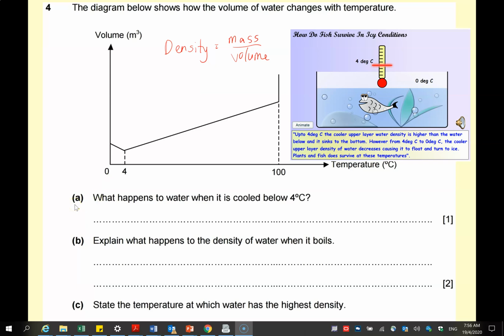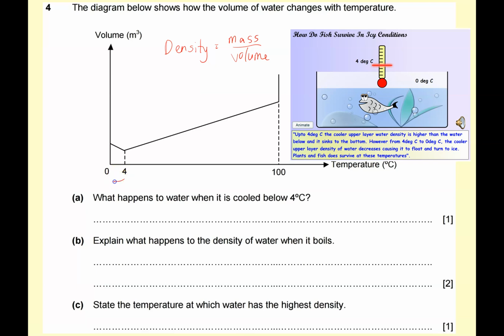Right, question A, what happens to water when it is cooled below 4 degrees Celsius? So we are looking at 4 degrees Celsius and being cooled in this direction.